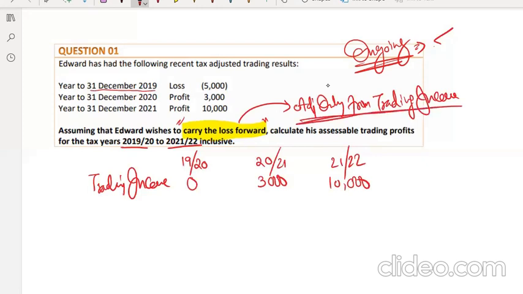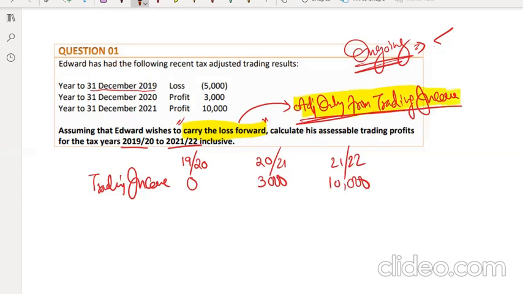Because it's a trading loss, it will only be adjusted from trading income. It will not be adjusted in property income, employment income, savings income, or dividend income. If you are applying the carry forward rule, it will only be adjusted from trading income. Got my point?